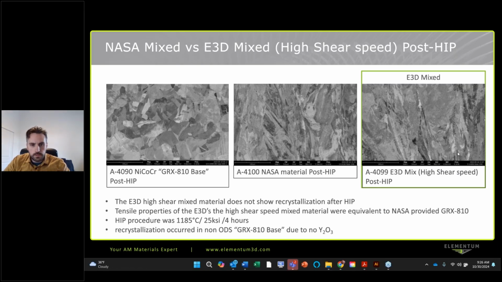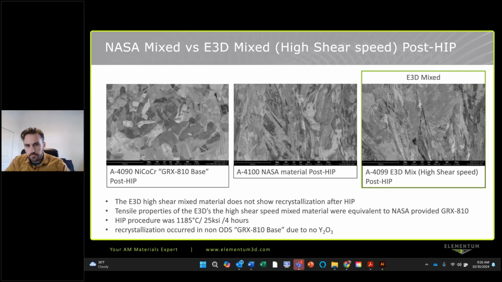And to give us here at Elementum a check that we are also still performing and not getting recrystallization, you have our product on the right, after our high shear speed mixing. With that, it gives us more confidence that we're still making a product similar to what NASA is offering.